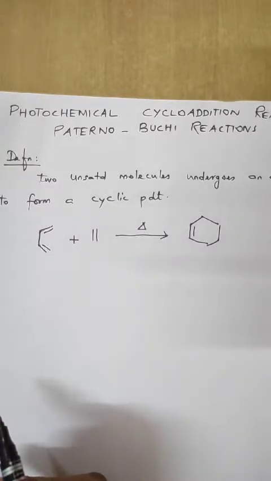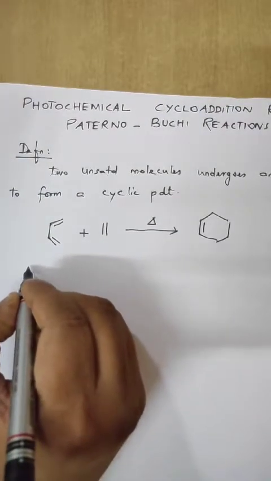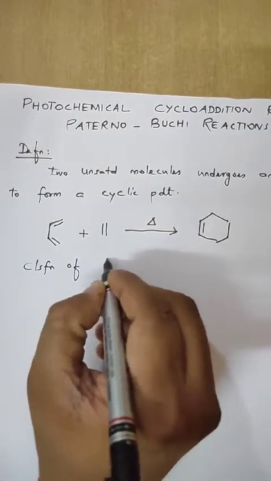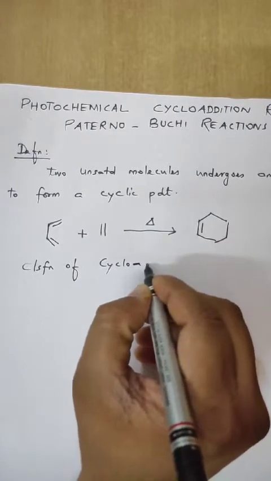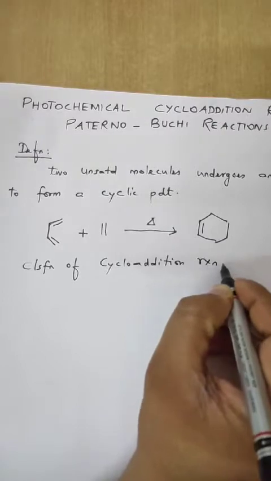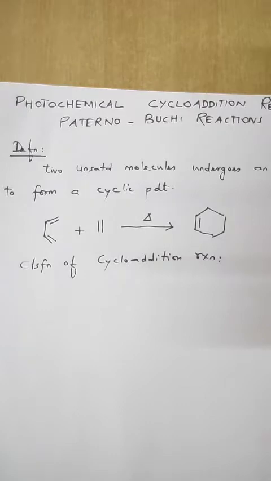Now, the other thing is the classification of cycloaddition reactions. Based on the pi electrons involved in your reactions, based on that we classify cycloaddition reactions.